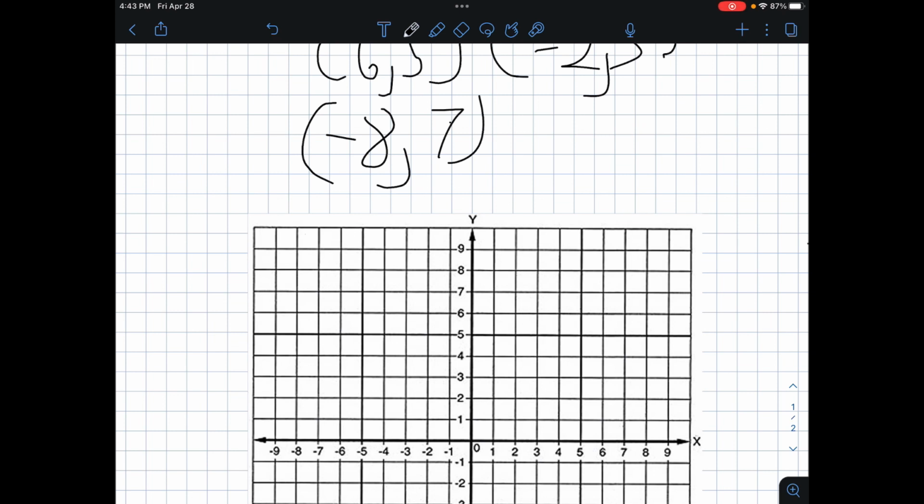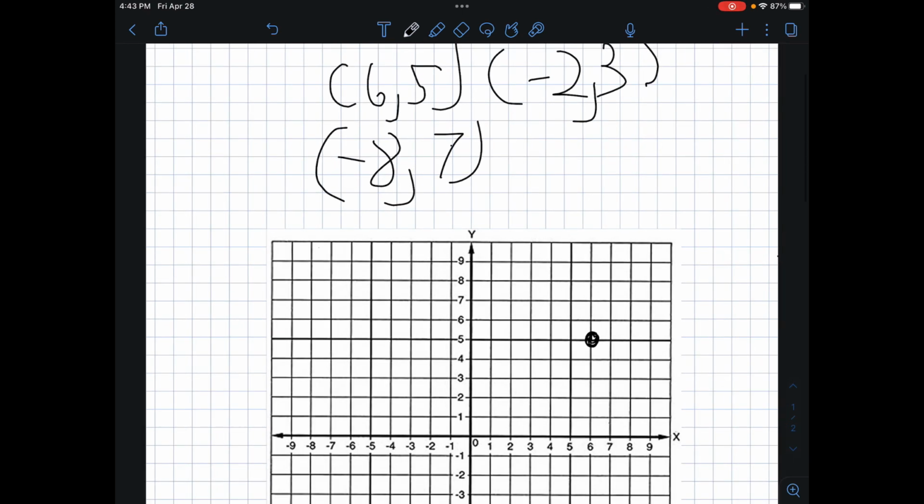Let's go ahead and put these on our graph. So 6, 5. I made this a bit too large, but it'll be fine. Negative 2, 3. And lastly, negative 8, 7. Should be right up here. Let's connect them. So this right now would be considered your pre-image. Starting image, nothing's changed yet.